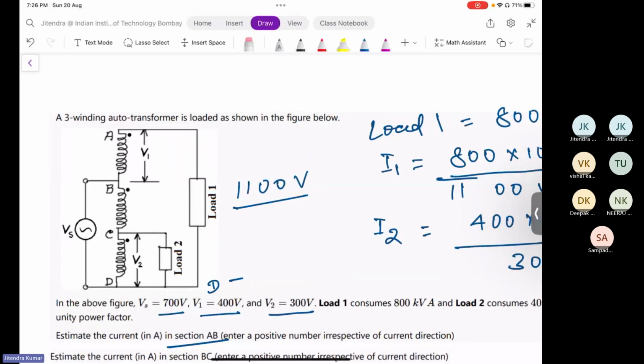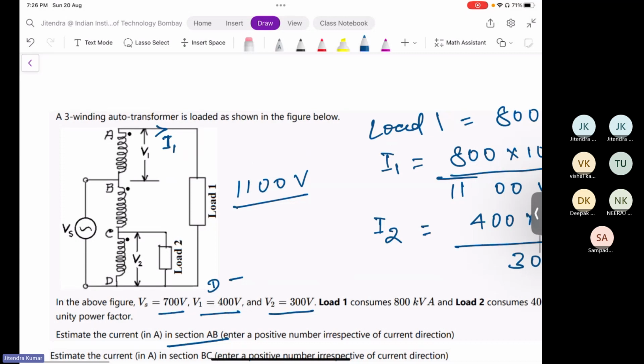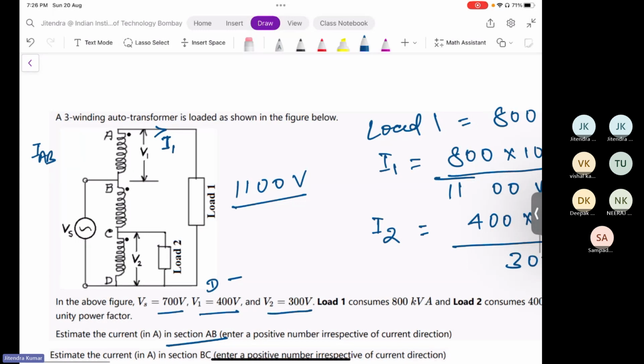Now this direction will always be there because of the load. It has to deliver to the load, so I1 will always be there. So if I am considering this direction of IAB, then it will be negative. Otherwise, you can consider this direction as well, opposite.